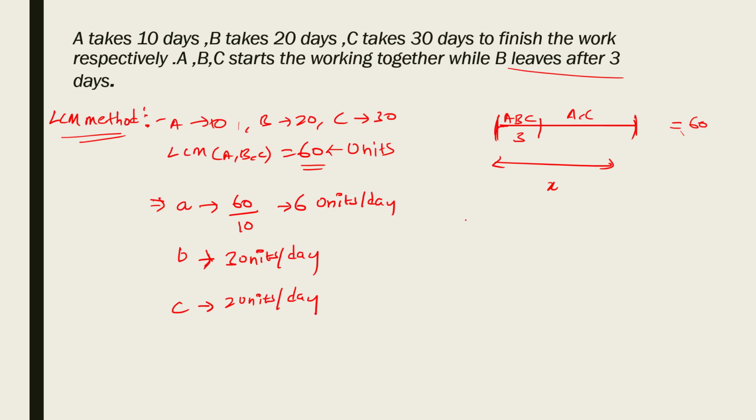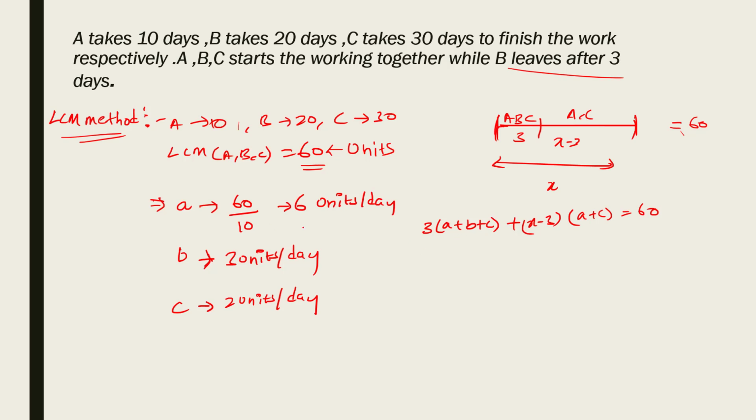So after framing the equation, it looks like 3 of A plus B plus C, the same equation, but this is the change here, plus x minus 3 into A plus C is equal to 60.